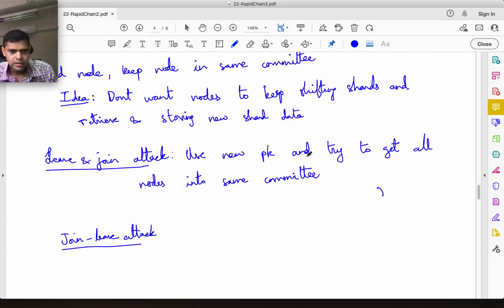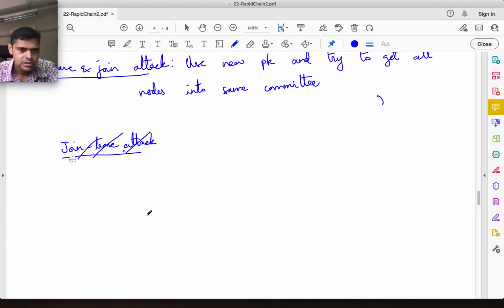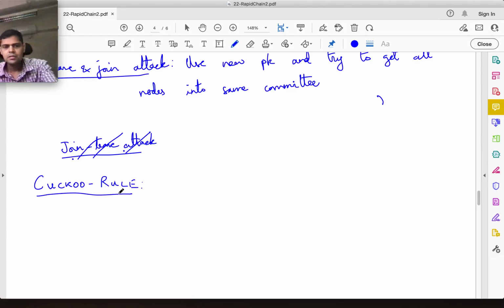So the authors propose something called a cuckoo rule. What they propose is that a small subset of nodes in every committee are reassigned randomly to other committees in every epoch.